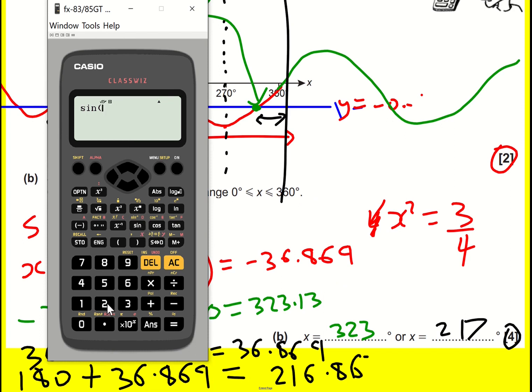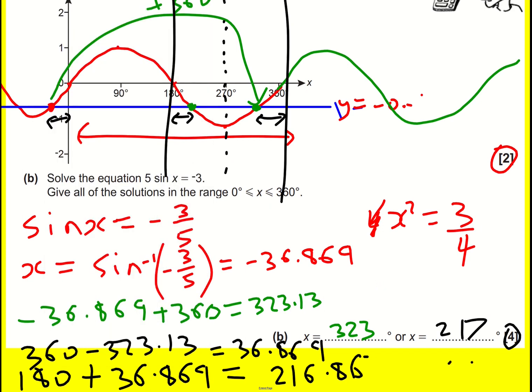If we do the other one, sine of 217, this is a great thing when you're solving equations in maths. If you've got a bit of time, you can just substitute it back in and check it works. Sine of 217 is also about minus 0.6. So I would be really happy with this. I've shown my working on the graph. I've shown the different steps here. I've got answers which I substitute back in, and I get about minus 0.6. I know I'm correct.